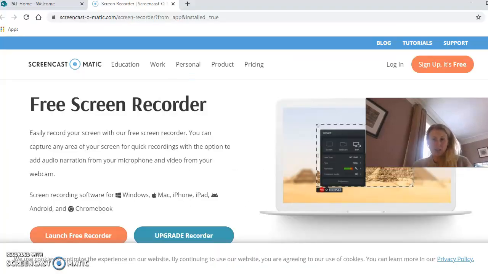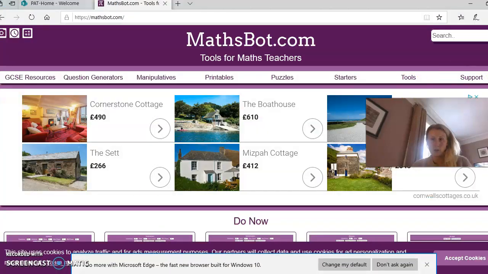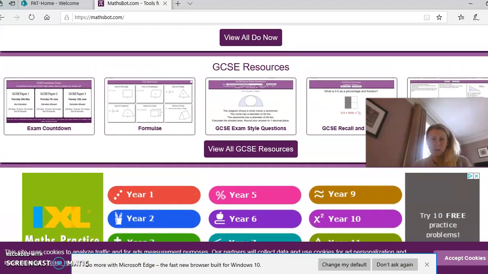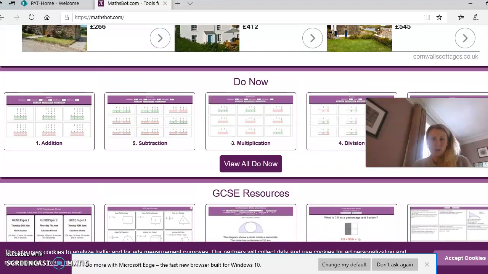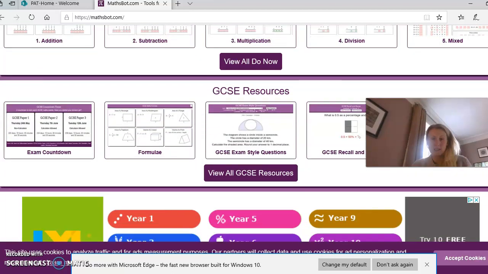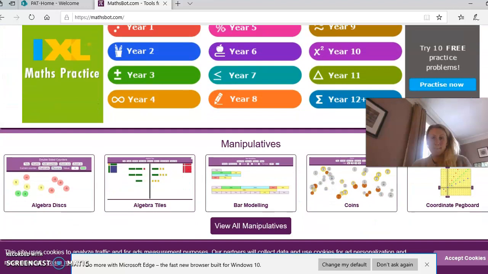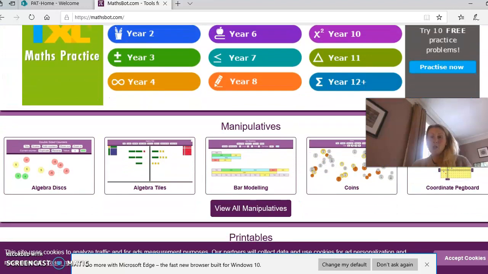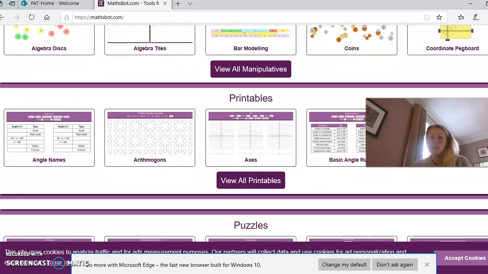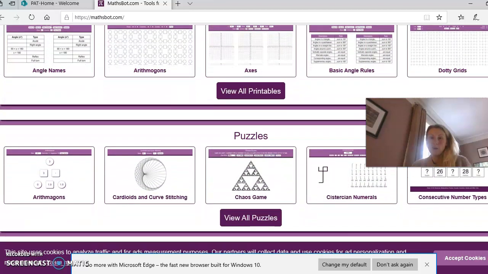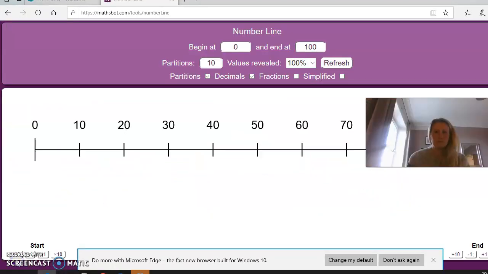So let's have a look at this. I'm going to send you a link for this number line today. It's called MathSpot, and you can use a number line on it, and you can have your own number line. When you get to this part, it will tell you where to start your number line.